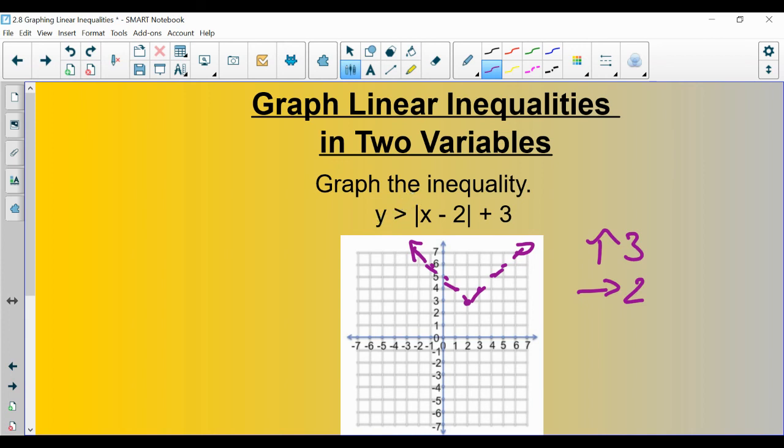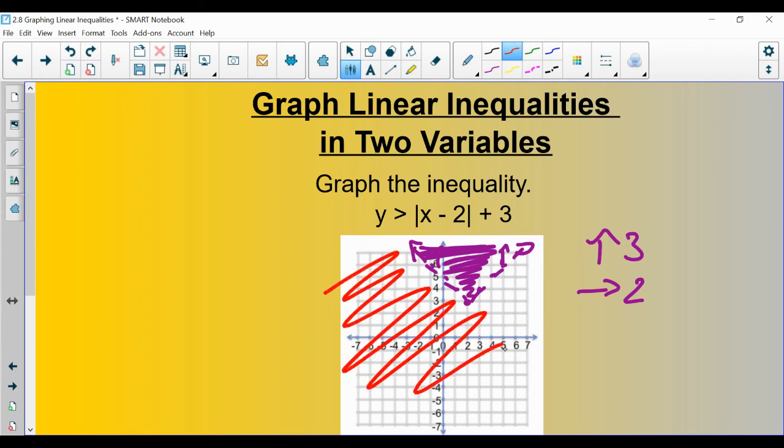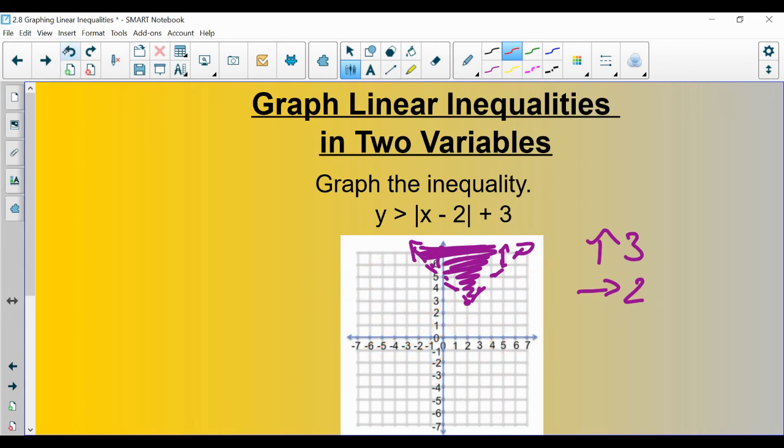And it's greater than, so that means that you shade above. So inside the V shape is what would be shaded. The alternative would be this whole region, just so we're clear. That's not the region that should be shaded in this example because greater than says shade above.